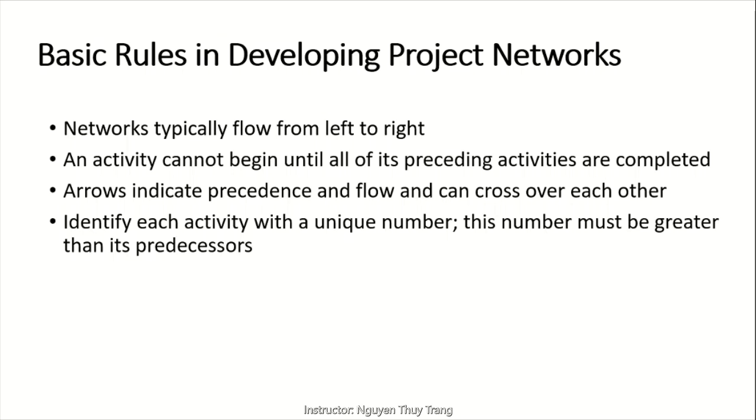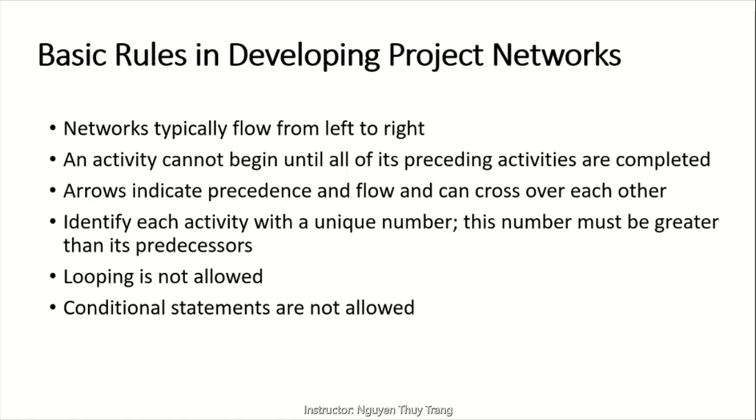You might want to identify each activity with a unique letter, as in the previous example: activities A, B, C, D, and so on. Looping is not allowed. Conditional statements are not allowed. And you might want to use a start node to indicate a clear project beginning on the network. Similarly, a single project end node can be used to indicate a clear ending.